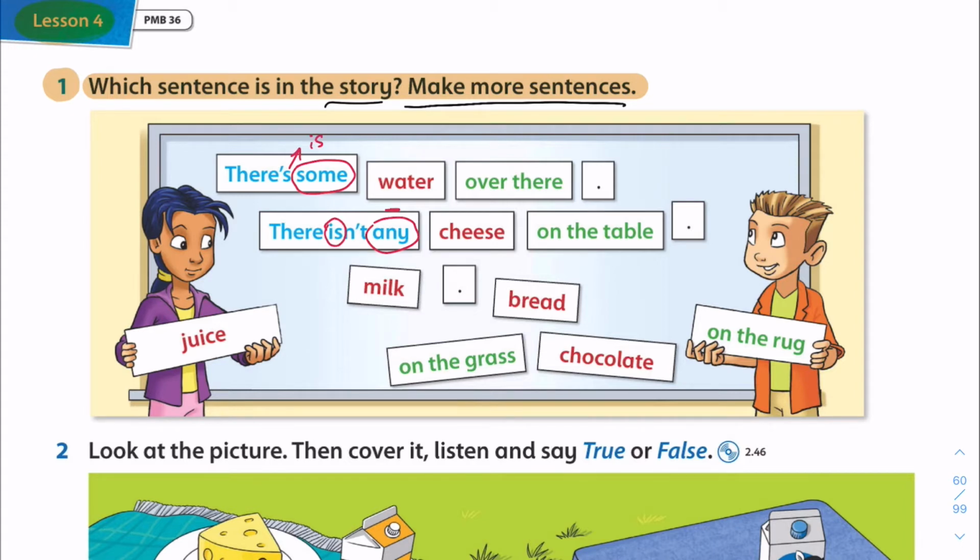Also, you can note that we used is for both sentences, because we aren't talking about how many. We are talking about a general quantity of cheese, milk, or water. And one last note, please remember that cheese, bread, sugar, milk, and so on are uncountable nouns.